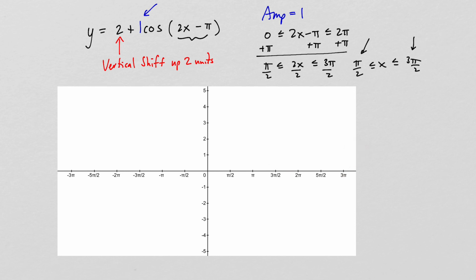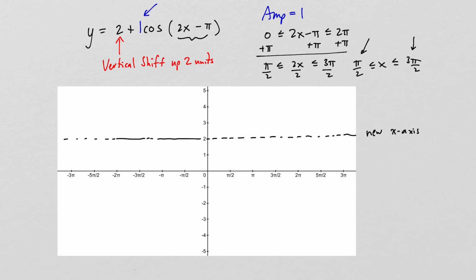Well, since everything is shifted up 2 units, the x-axis, in a way, is also shifted up 2 units. So I'll go to the number 2, and I will draw a horizontal line there. And this is what I often like to call my new x-axis.